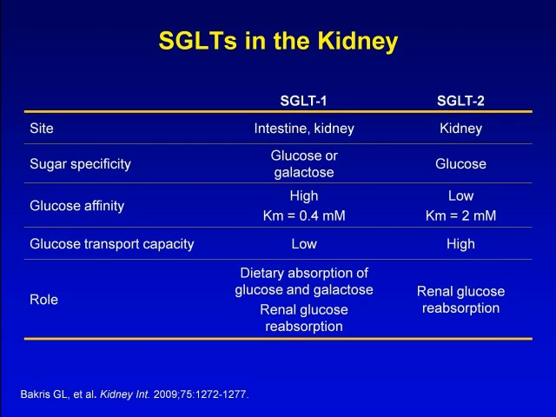SGLT2 has a low affinity for glucose, while SGLT1 has a high affinity, although the transporting ability of SGLT1 is low and the transporting ability of SGLT2 is high. The role of SGLT1 is really absorption of glucose and galactose from the intestine, from the diet, while the main role of SGLT2 is to reabsorb glucose after filtration in the kidney.